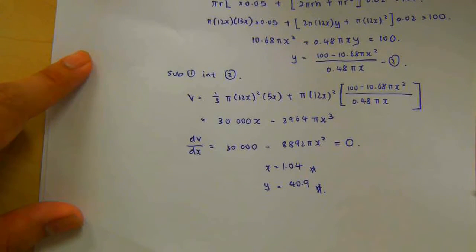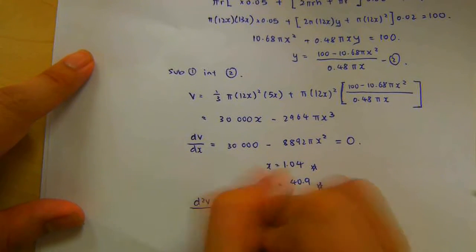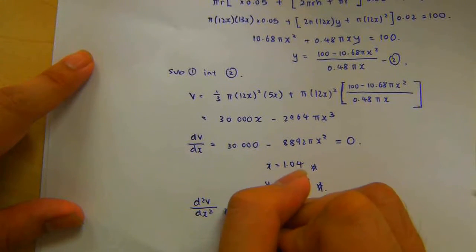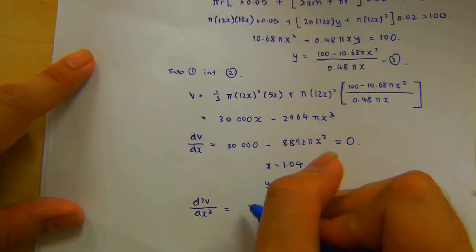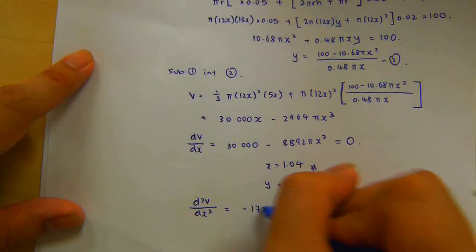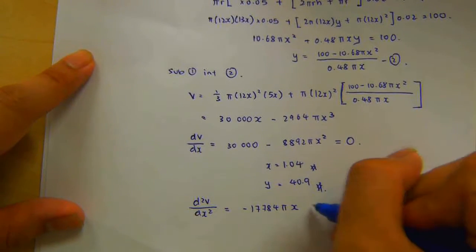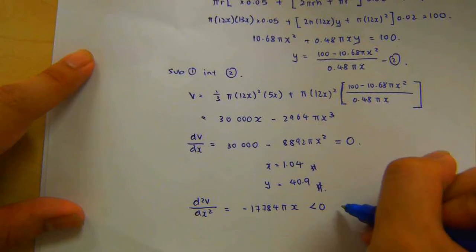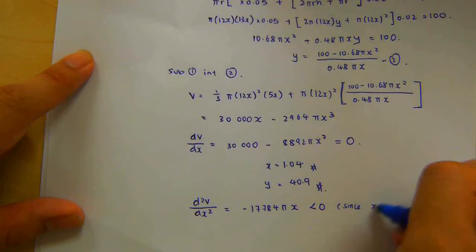And the final step is to verify that this is a maximum point. To do that, we'll use the second derivative check, since it is relatively easy to differentiate dv dx one more time. So we'll get this expression, and this will be always less than 0 since our x is positive.